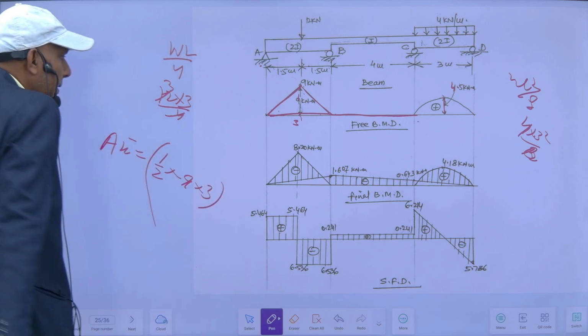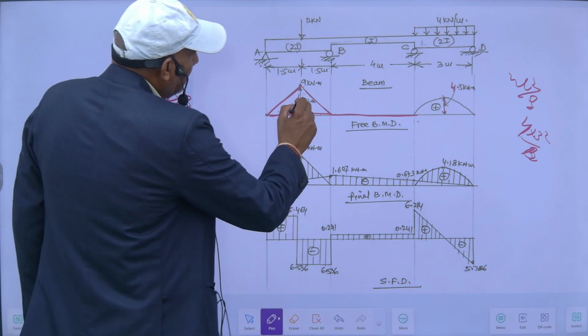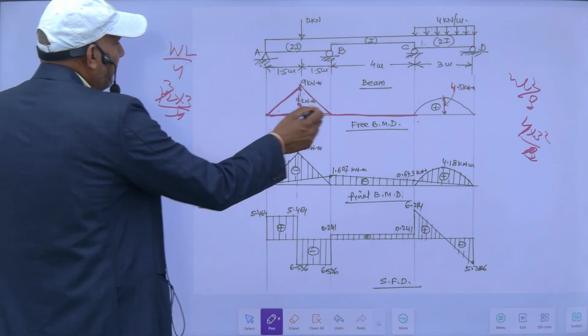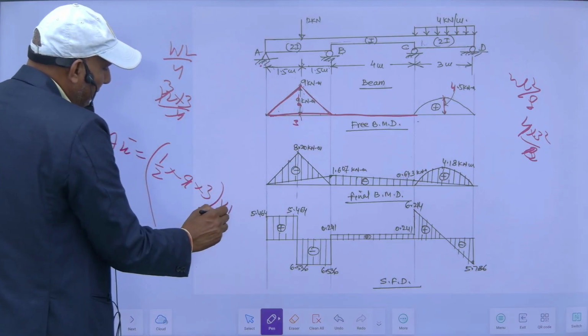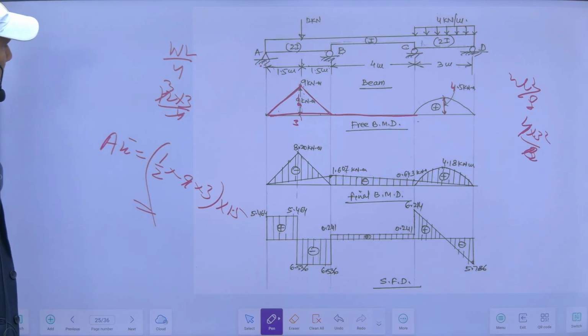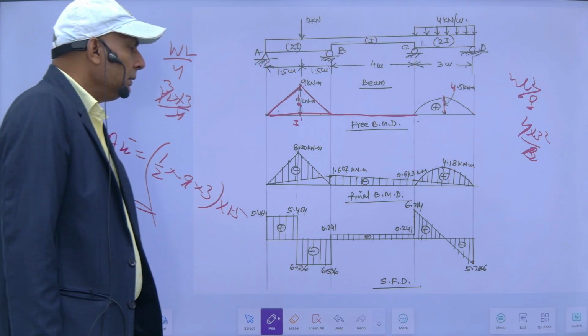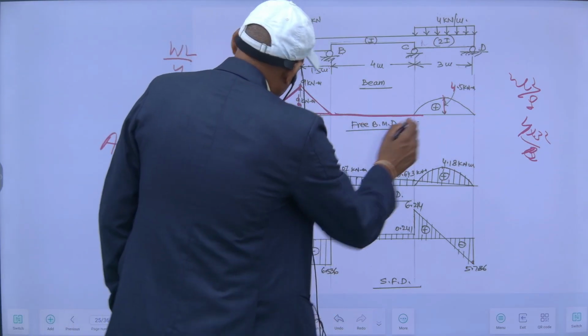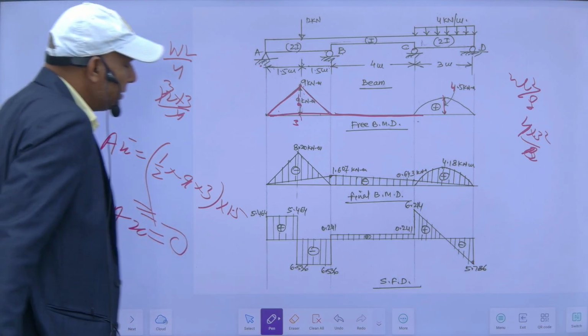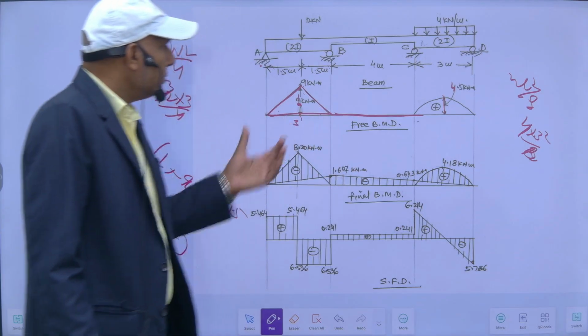So this is the area, and its centroidal distance is at the center, since it is symmetrical, 1.5, 1.5. So x bar will be 1.5. This will be A x bar for this portion. For this portion, it will be 0, since no bending moment is there, so this will be 0.